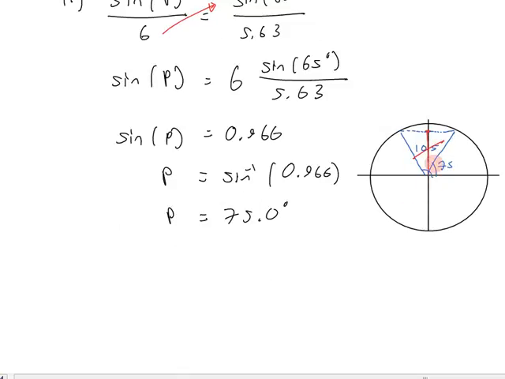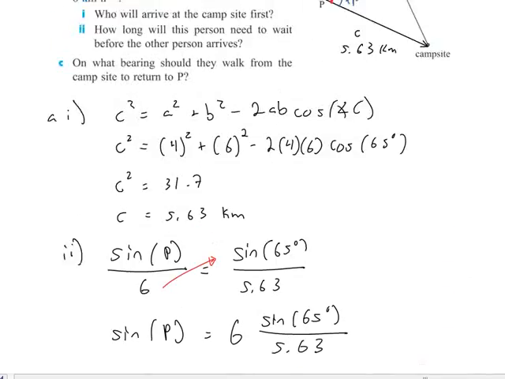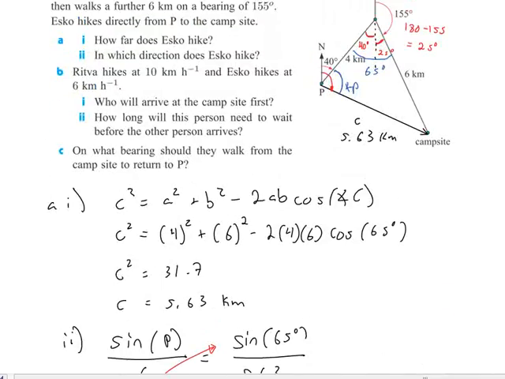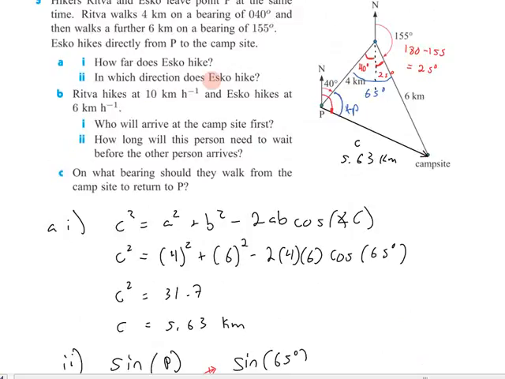In addition, we need to think about rotating around the unit circle by 360 degrees, but clearly if we go 75 plus 360, that takes us well beyond 180 degrees, and so 75 is the only possible solution for angle P. Now the next thing is we need to turn that into a bearing, because we want to know the direction that Esco hiked in. And so the bearing from angle P would be angle P plus the initial 40 degrees.